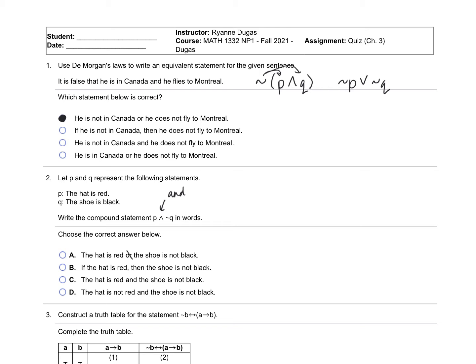If you see or, that's not going to be the correct answer. It's not an if-then, so it can't be that one. We have ands in the C and the D. So P is the hat is red. It has to be C because D says the hat is not red. So the hat is red and the shoe is not black. That corresponds to the correct answer.